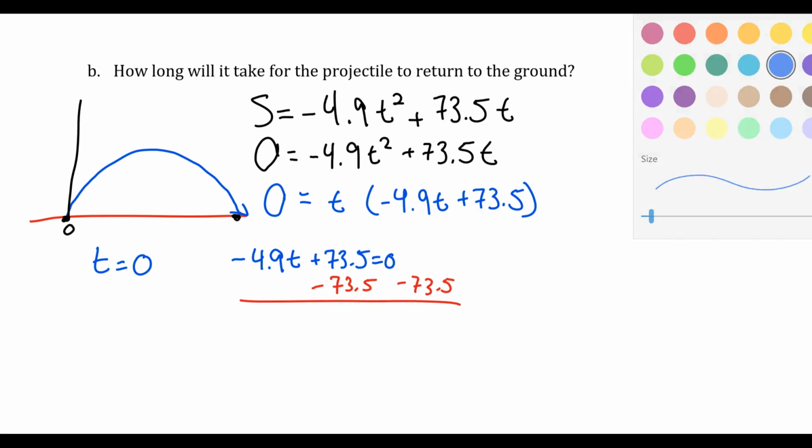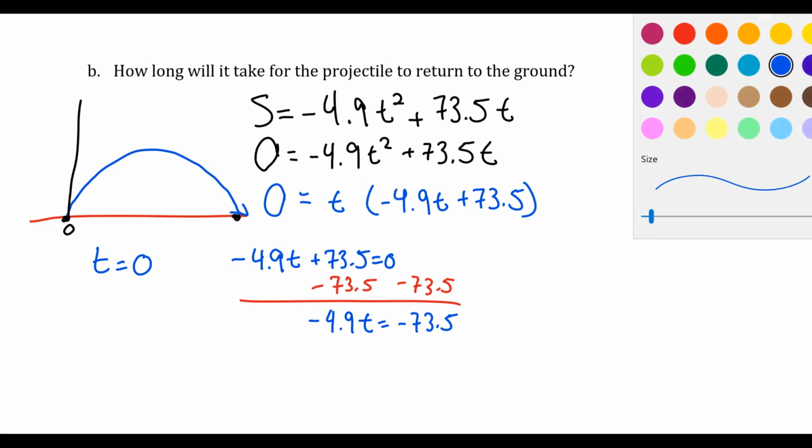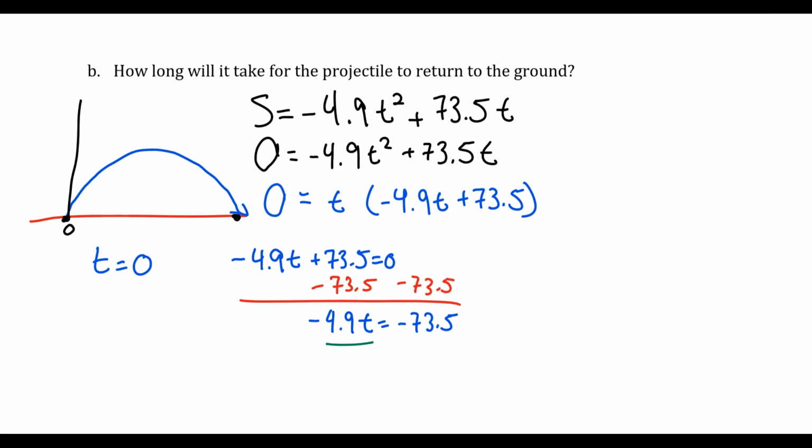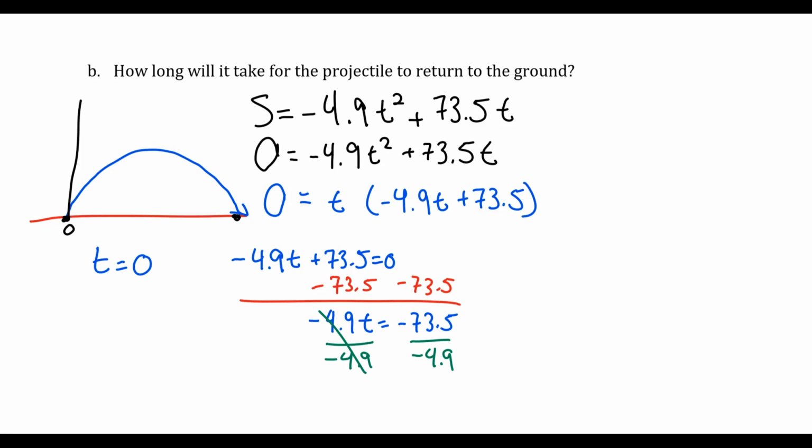I need to subtract the 73.5 from both sides. And so that will give me a negative 4.9 t is equal to negative 73.5. I now need to divide both sides by a negative 4.9 so that those will cancel out, giving me t is equal to 15. Even if you use the quadratic formula, you should come up with 0 and 15.